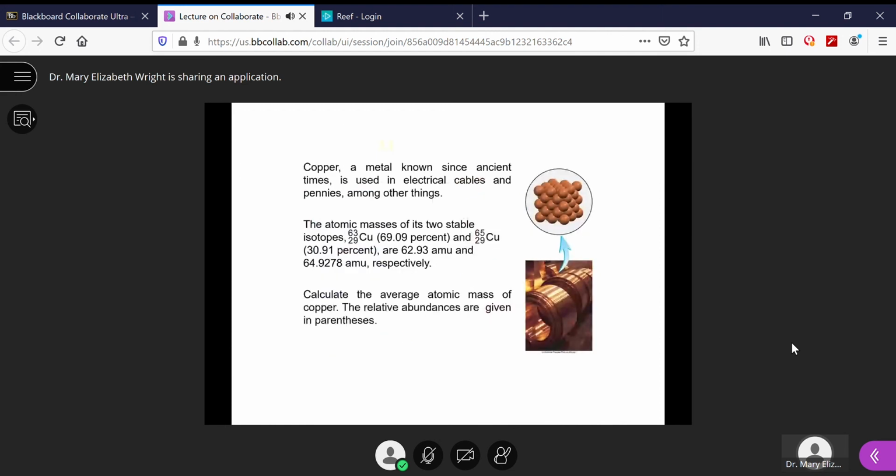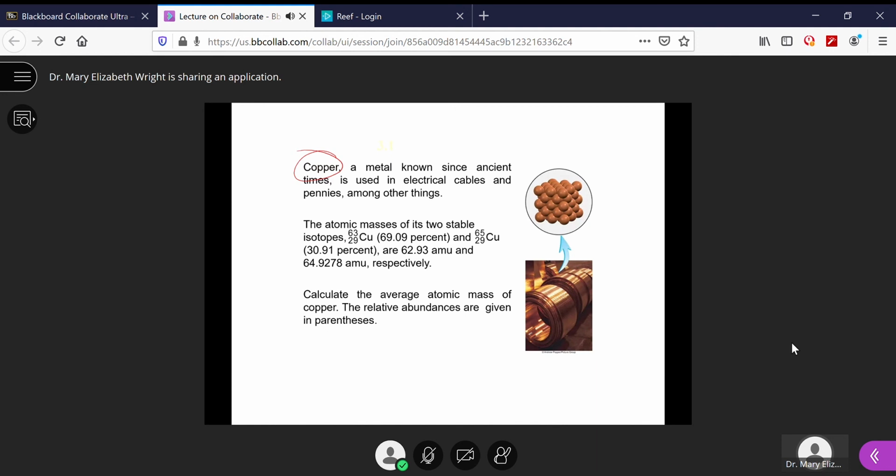Okay, so here's an example of how we can put this to work. We can use something like copper as an example, which is a very important element, right? We use copper extensively in wiring, and it's a very valuable and important element, but it's quite common as well, right?